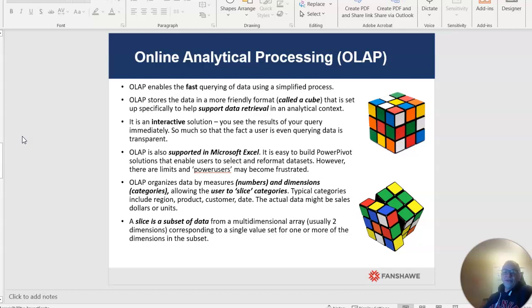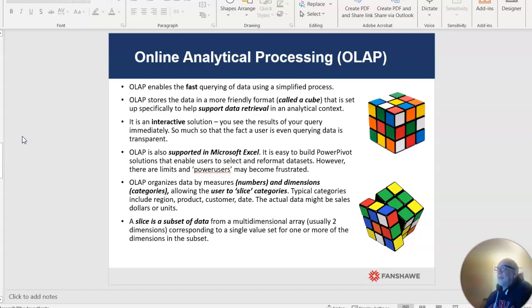Thus, I have that image of the Rubik's Cube, and you can ask me later what a Rubik's Cube is. And so it allows us to store our data in rows and columns in 3 dimensions, actually, and allows for quick retrieval. And it's an interactive solution.